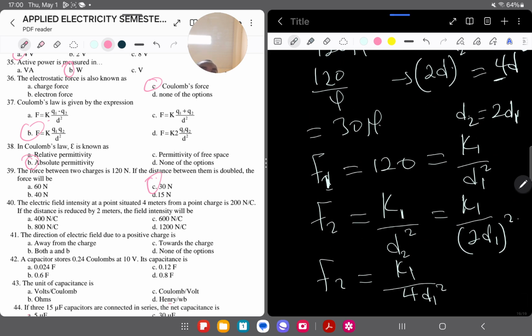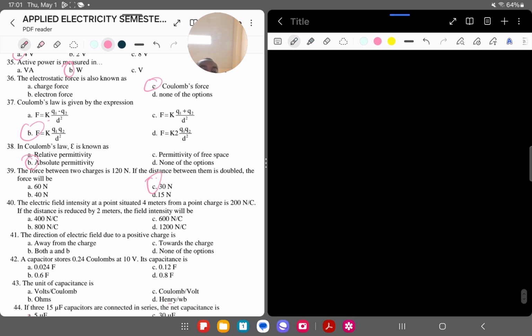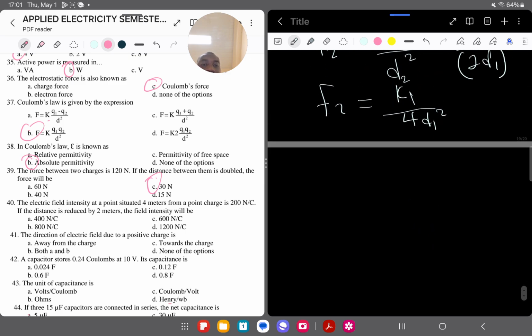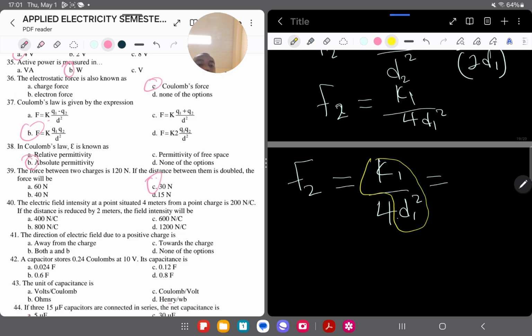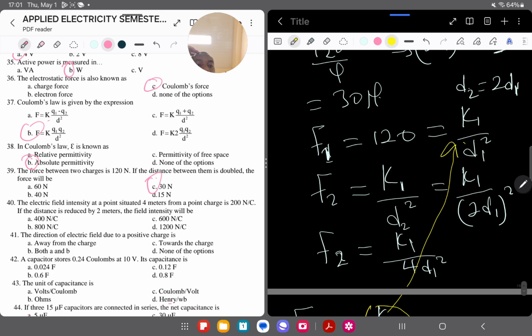By looking at this now, you can see clearly that F2, the second force, will be equal to K1 over 4 D1 squared. Remember now, K1 over D1 squared is the same as F1.